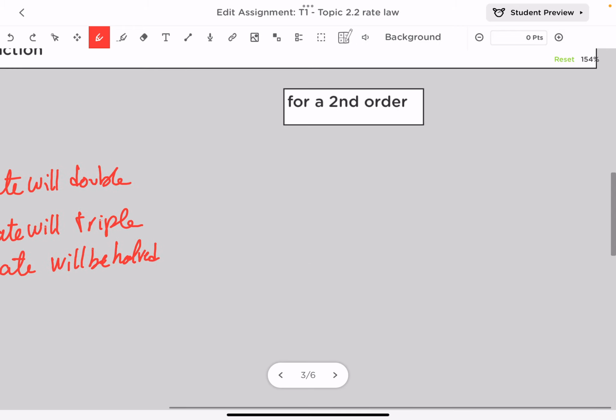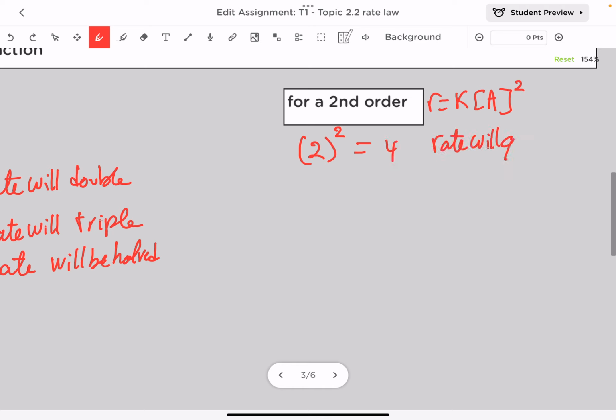Now, it's not the same case if a reaction is second order in a certain concentration. So here's the deal. R equals K multiplied by A second order. If I double A, I say 2 to the power of 2, it's 4. So the rate will quadruple. It will increase 4 times.